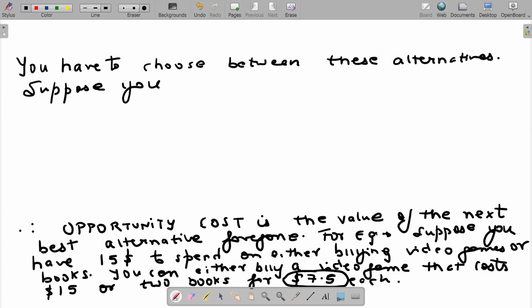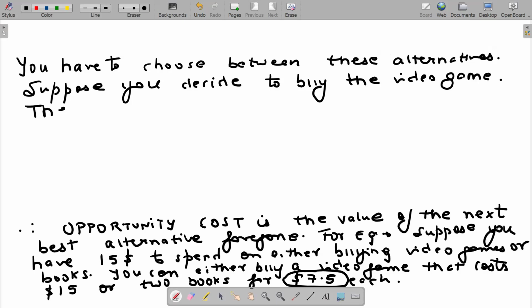Obviously, people like video games more than the books. There's a high probability of choosing a video game. The next best alternative foregone is books. When I'm going to buy a video game, what am I sacrificing? I'm sacrificing the books I could have bought. So the next best alternative is books.